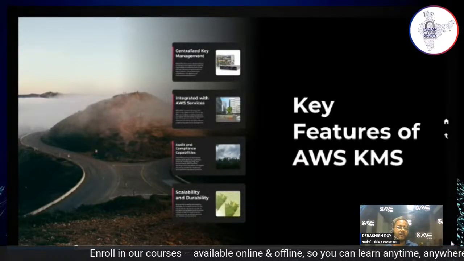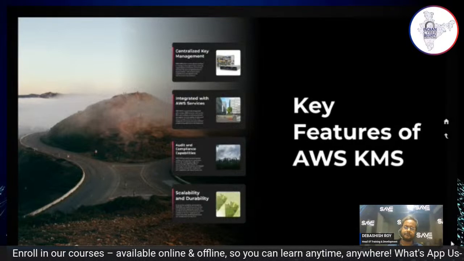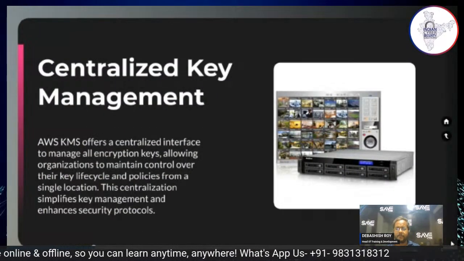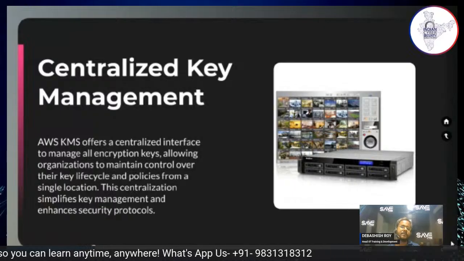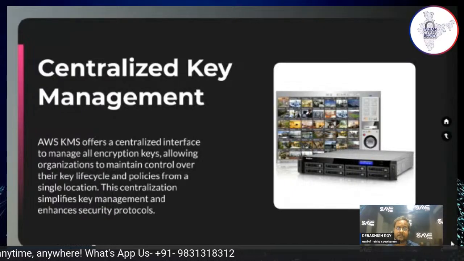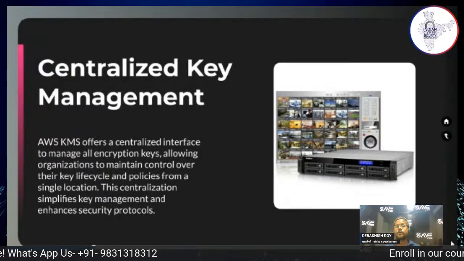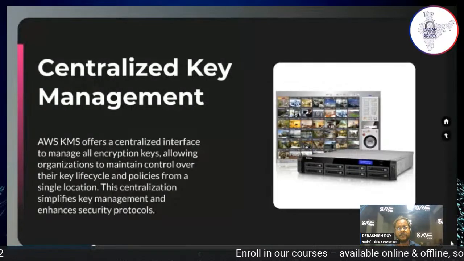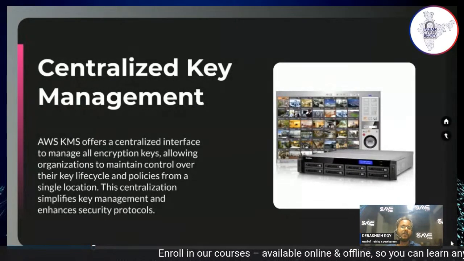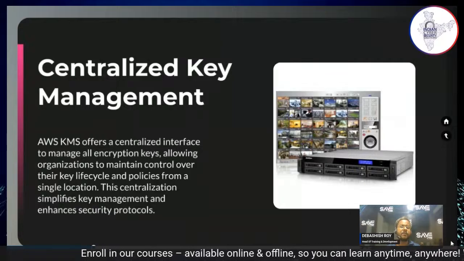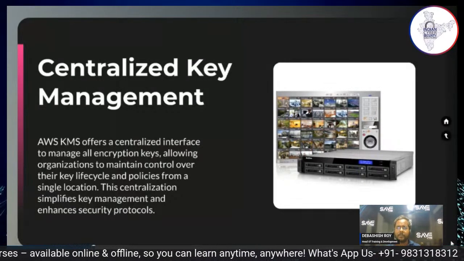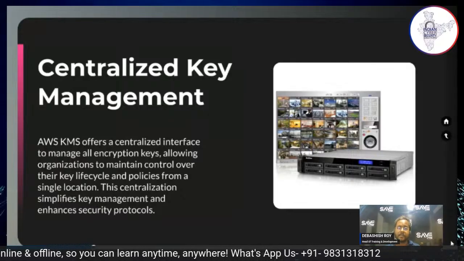Now, what are the key features of AWS KMS? First, centralized key management. We already have discussed that there is a Secrets Manager to centrally manage or store your key. It offers a centralized interface to manage all encryption keys, allowing organizations to maintain control over their key lifecycle. So the key can be reused also. The key can be rotated also, the rotation of keys.